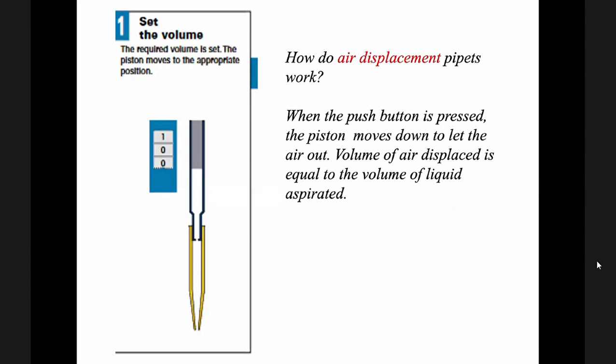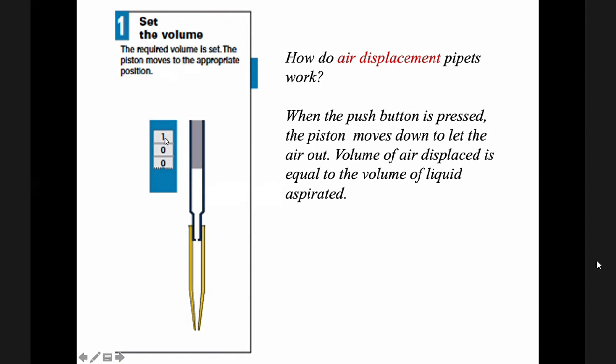So how do air displacement pipettes work? Let's take the single channel. So this is the volumeter. First, set the volume. The required volume is set and the piston moves to the appropriate position.